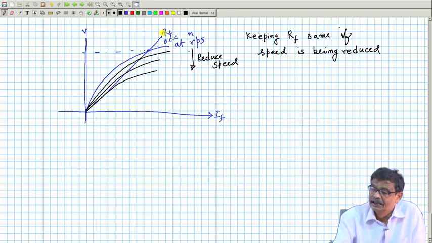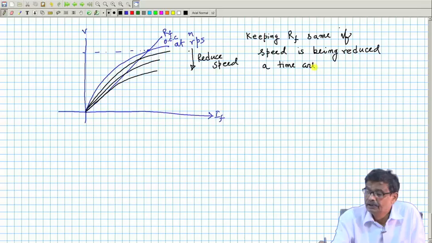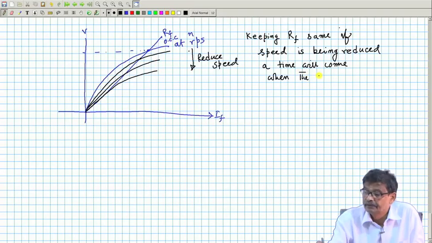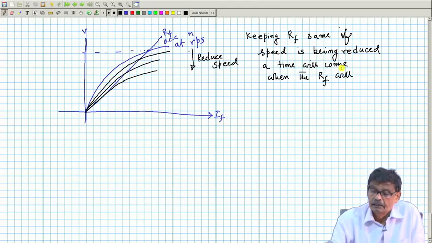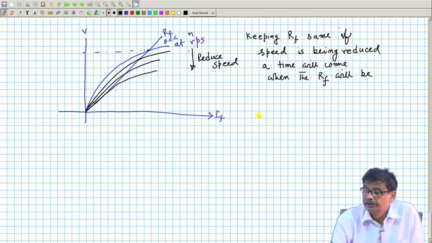Okay. A time will come when the OCC will be tangential to the present RF line, and that will be the critical field resistance.